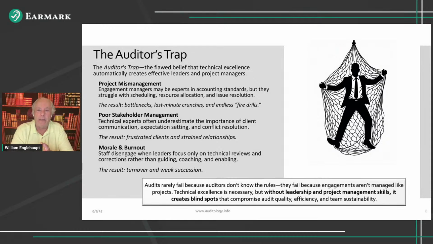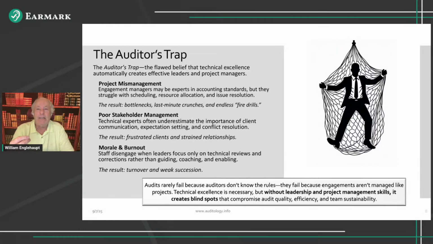What are some of the problems when we have a highly technical manager? You end up with mismanagement of projects, right? They may focus well on the accounting standards and the guidance, but you lose track of things that project managers typically have, which is where are we, deadlines, allocations of resources, managing issues, that kind of thing.